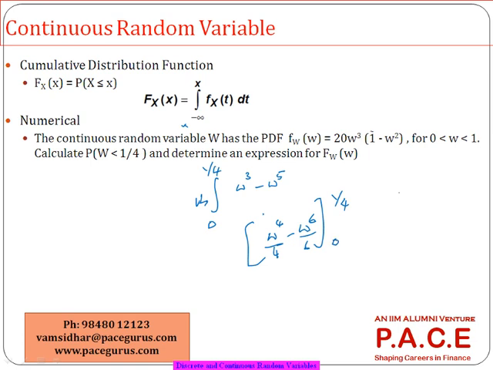So 1 by 4 to the power 4, or probably 0.25 to the power 4 by 4, minus 0.25 to the power 6 by 6. This entire thing you multiply by 12. That is the probability that the value lies between 0 and 1 by 4.